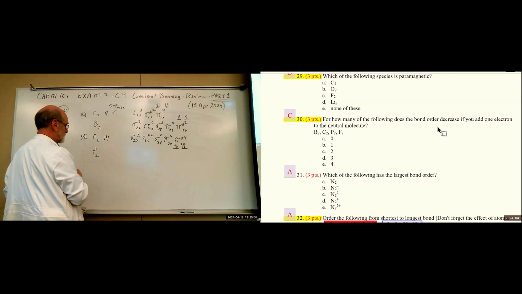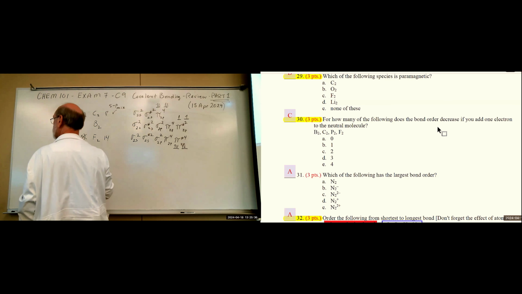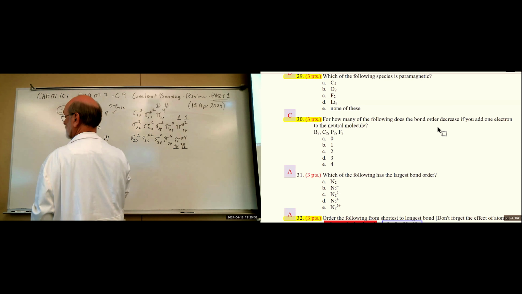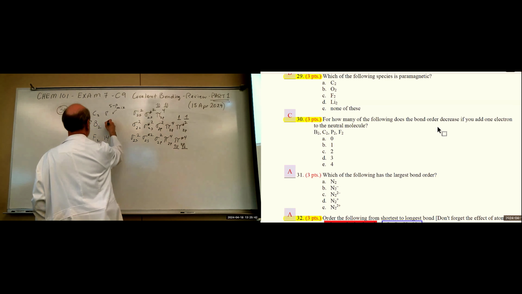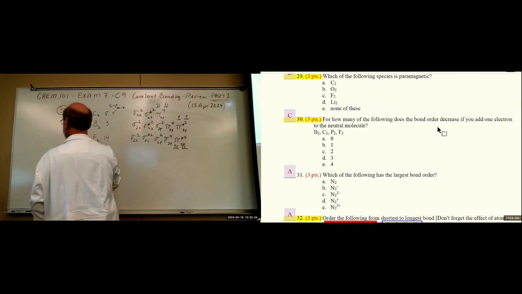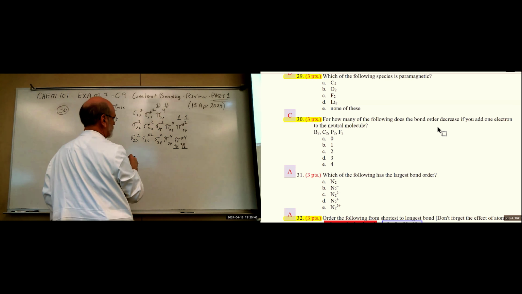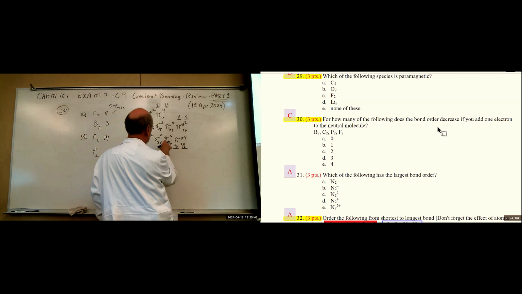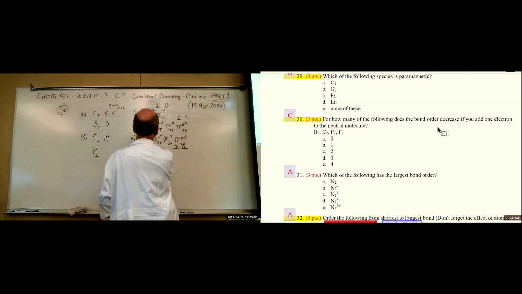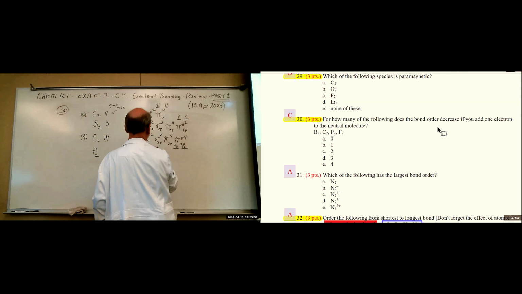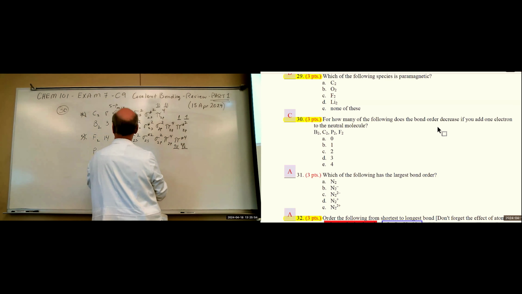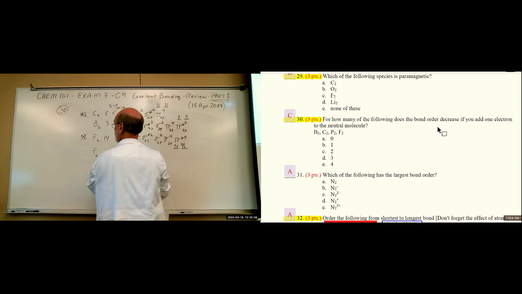Well, all right. How many does boron have? Well, it has 3 valence electrons. Right? It's going to be mixing. So do we have mixing here? No, that's not mixing. Okay, we need mixing.